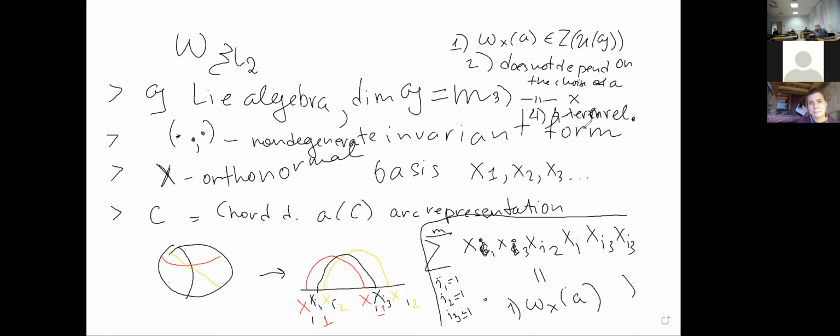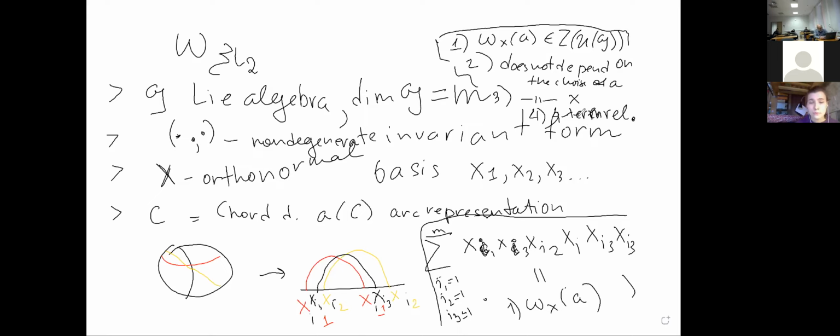So we have a homomorphism of commutative algebras because we considered chord diagrams up to four-term relation. Yes, so it's a map. It does not depend on A and on X, so we may write like this.